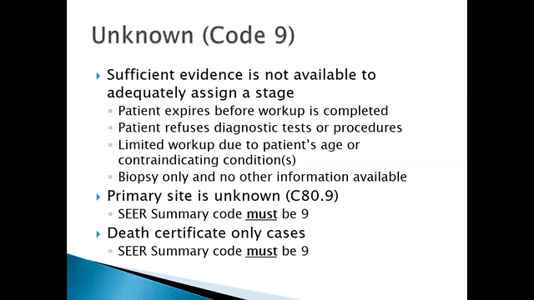There will be cases where sufficient evidence is not available to adequately assign a summary stage, which could include when a patient expires before workup is completed, patient refuses workup, which happens many times, or when limited workup is performed due to age or comorbidities that would make the patient unable to receive treatment.